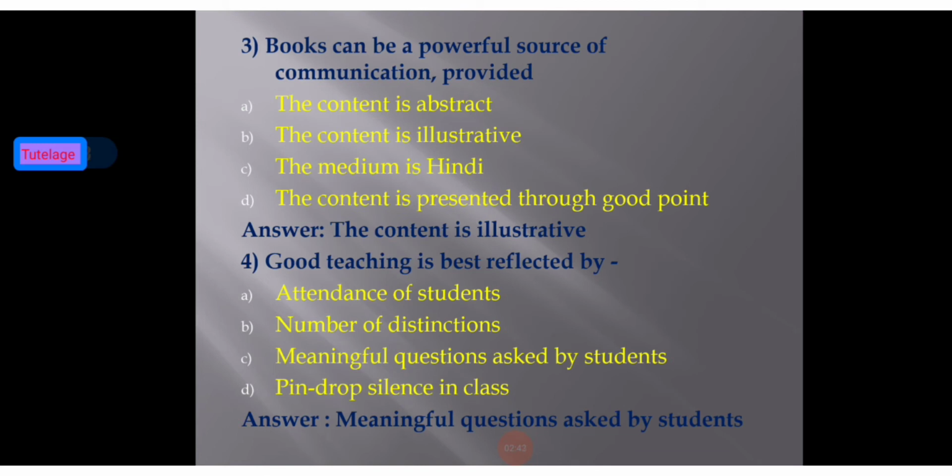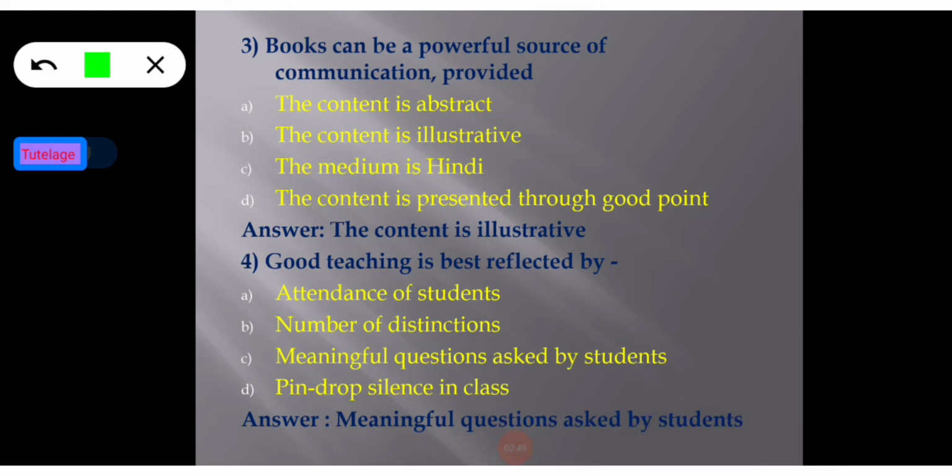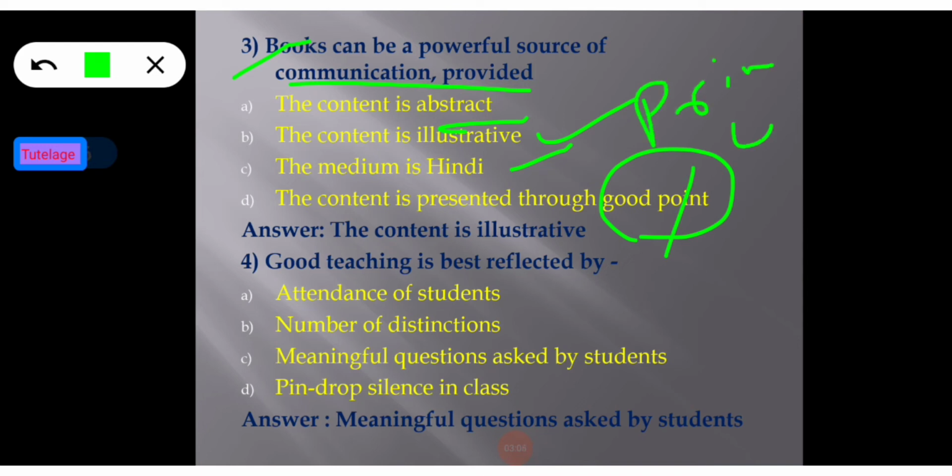So this is the third question, and we can see, books can be a powerful source of communication provided the content is abstract, or illustrative, or in Hindi, or the content is presented through a good print.